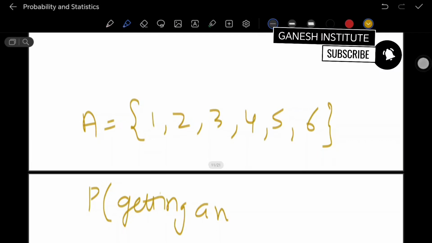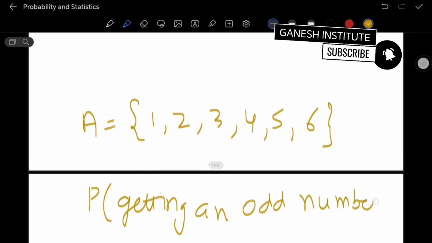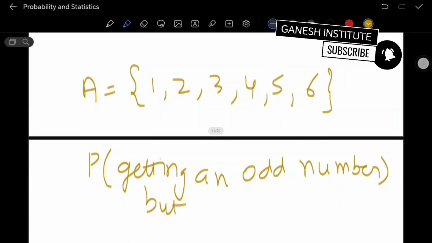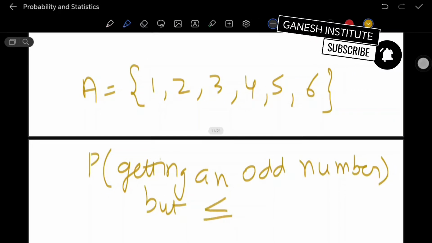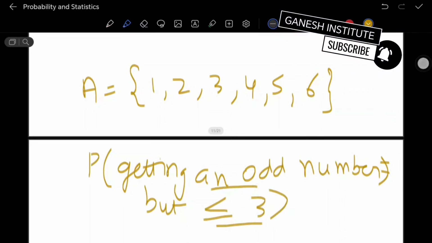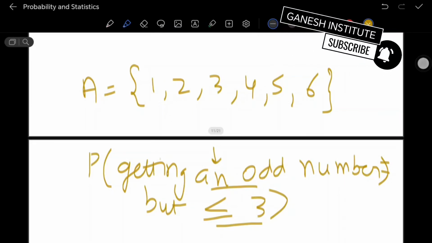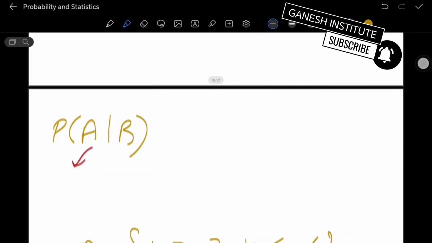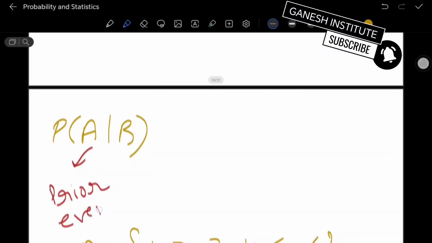So, one event is an odd number, and another event is that the number should be less than or equal to 3. So, two things are given. You need to find out the probability of the first event, which is called the prior probability, or prior event.